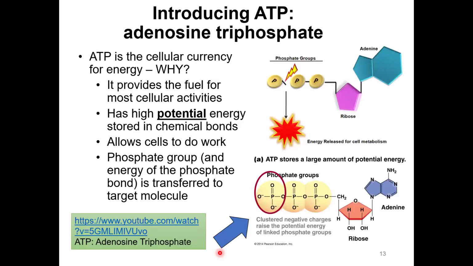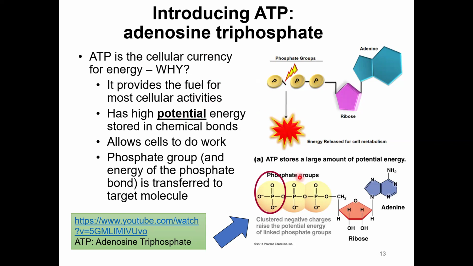So now we're gonna go to our favorite little energy currency. This is adenosine triphosphate, or ATP. It's our cellular currency for energy, basically. Why, you might be thinking? It basically provides the fuel for most cellular activities.